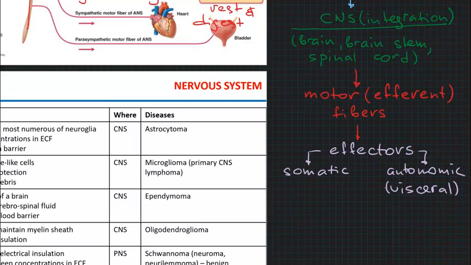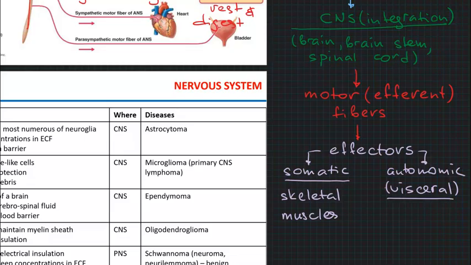It literally means to take the organs out. We use it in a different context, but viscera is everything that's inside of your body, like liver and spleen and whatnot. Does that make sense? So the only somatic effectors are skeletal muscles. Clear?